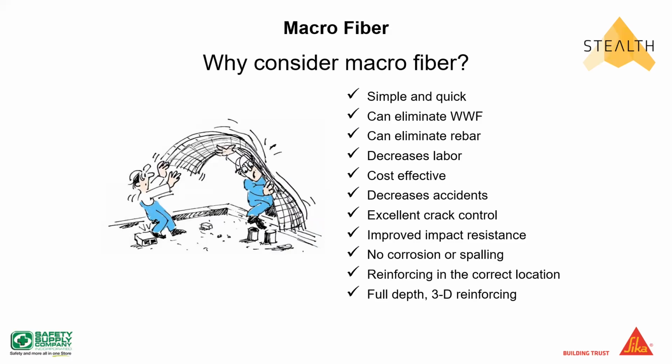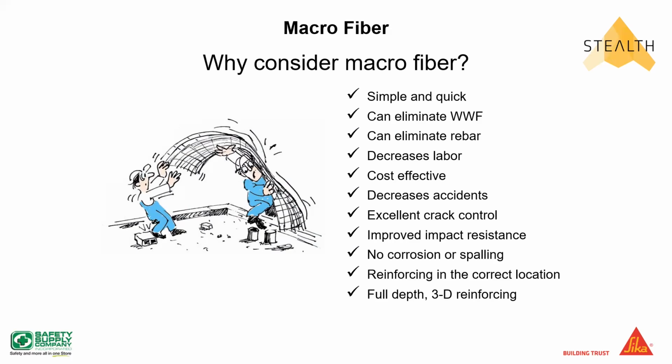It's extremely cost effective with the cost of steel right now. And listen, over here in the States, contractors are having a hard time finding welded wire fabric, and when they do, it's extremely expensive. So right now we are extremely cost effective. I mentioned earlier it decreases accidents. Excellent crack control. We've talked about that.